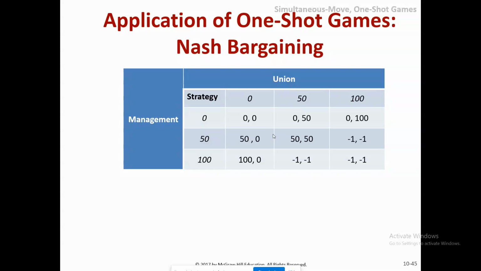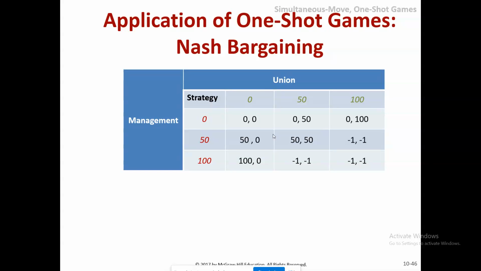The players simultaneously write the amount they desire on a piece of paper. The management can write the amount they want as 0, 50, or 100. The same is true for the labor union. They can also write the amount 0, 50, 100.